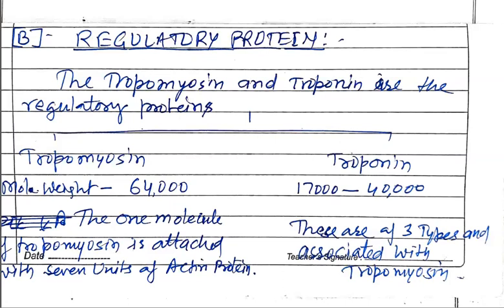And the second one is troponin. Its molecular weight is from 70,000 to 40,000 units. These are of 3 types and associated with the tropomyosin. So the tropomyosin is attached with actin and the troponin is attached with the tropomyosin.